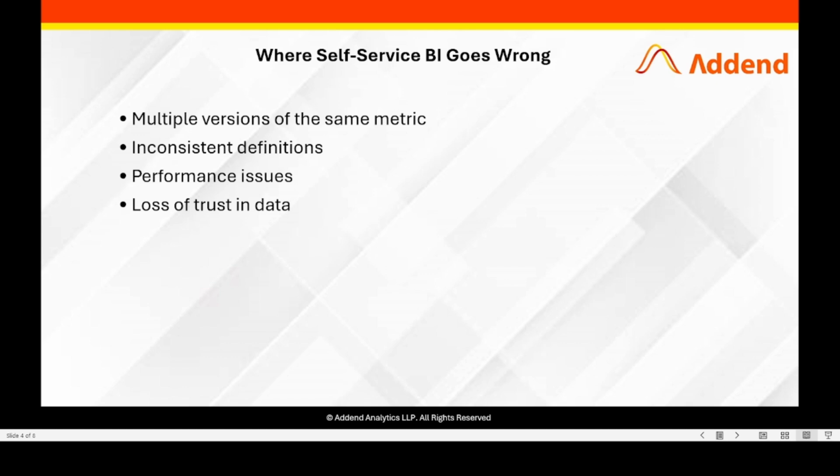As a result, users lose confidence in dashboards and revert back to spreadsheets. For example, revenue numbers differ across finance, sales, and leadership reports because each team calculates revenue differently. Without governance, self-service BI creates confusion instead of clarity.